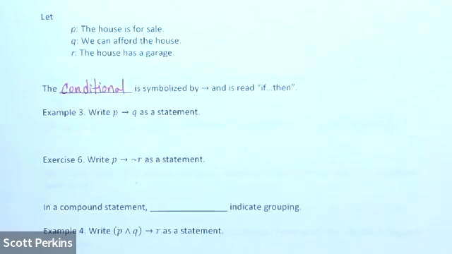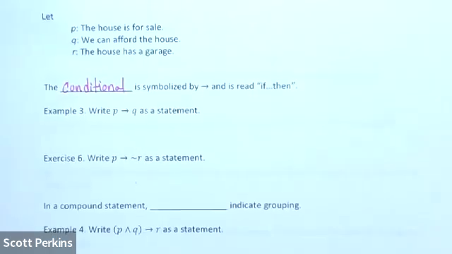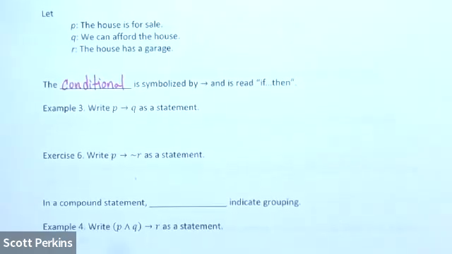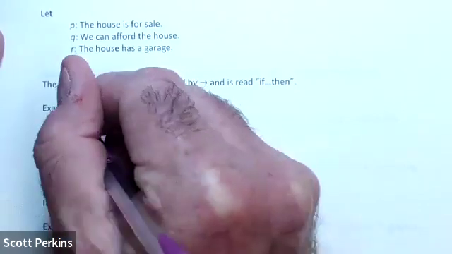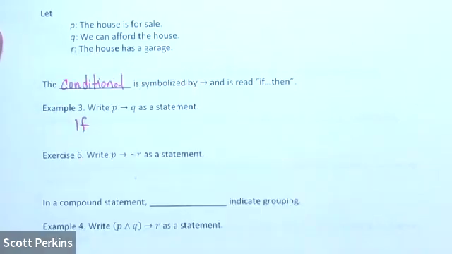So there are two parts to this statement. So for instance, I'm going to do this first one. This is my example. The first one says I've got P arrow Q. So here's how you write it. Whenever you see that arrow, oh, it's a conditional statement. I'm going to start with the word if.